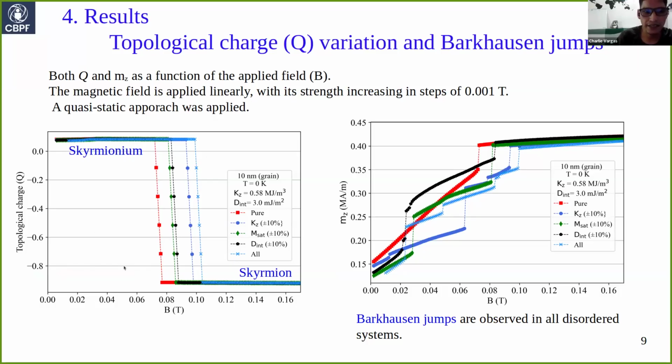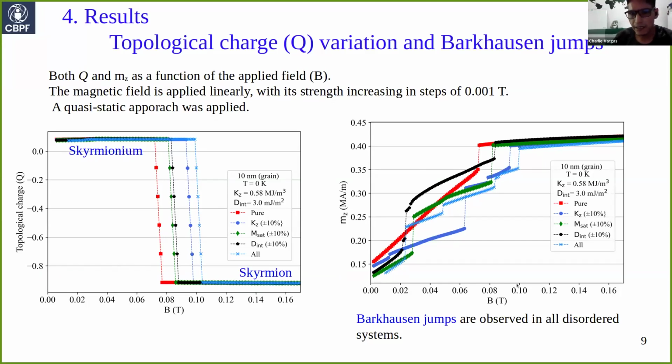This can be observed in this graph of the topological charge as a function of the magnetic field. Here, different colors represent different disorder systems. These simulations were done at zero temperature, and you can see that different systems transition at different magnetic fields.